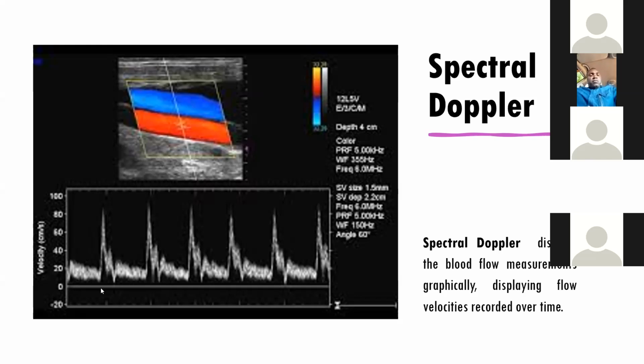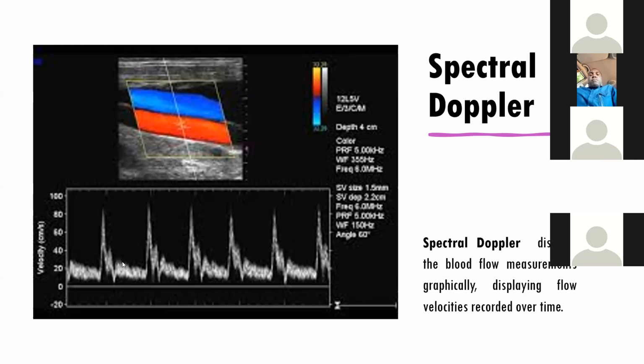You see this line is the baseline, and when you see flow above the baseline, this means flow towards the transducer. If you see flow below the baseline, then it is away from the transducer.